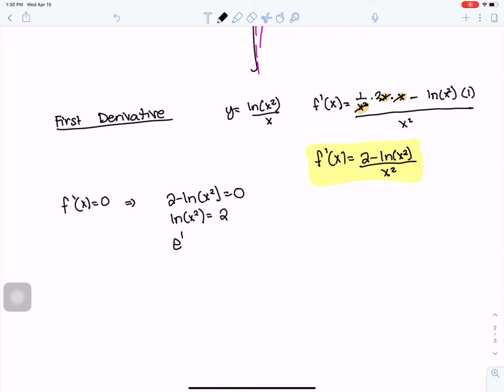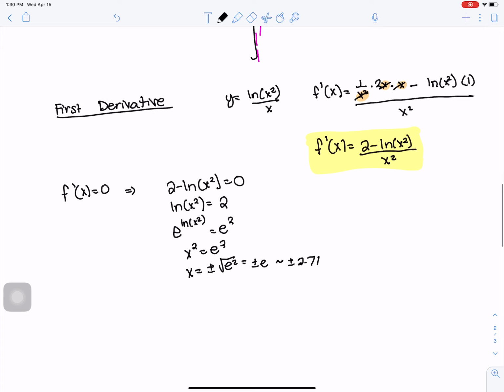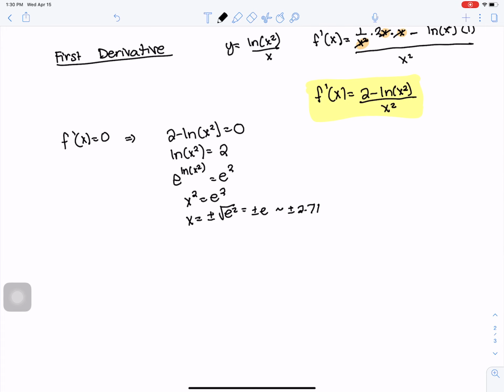I need to undo the ln function by using the exponential. x squared equals e squared. x is equal to plus or minus root e squared, which is plus or minus e, which is approximately plus or minus 2.718. Okay, so that's where the derivative is 0.